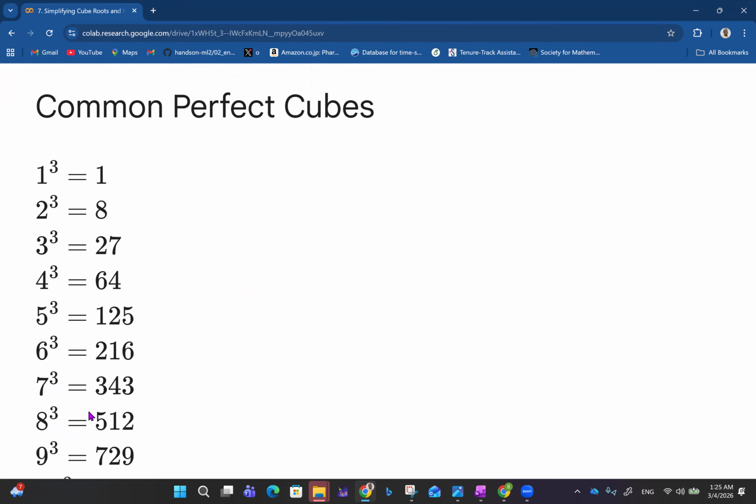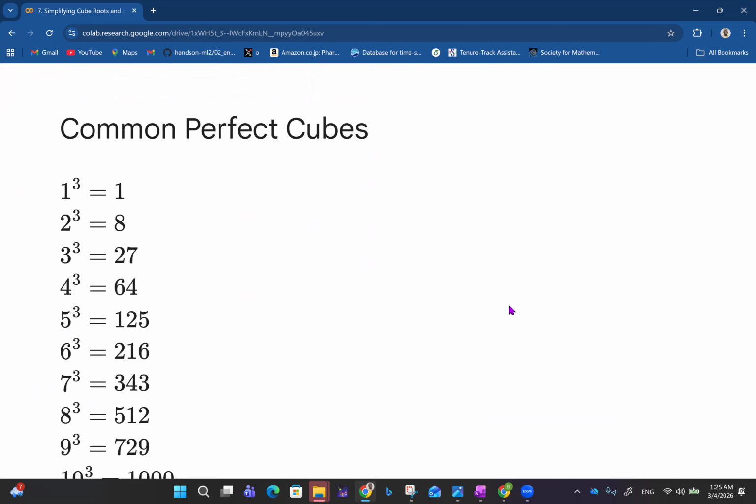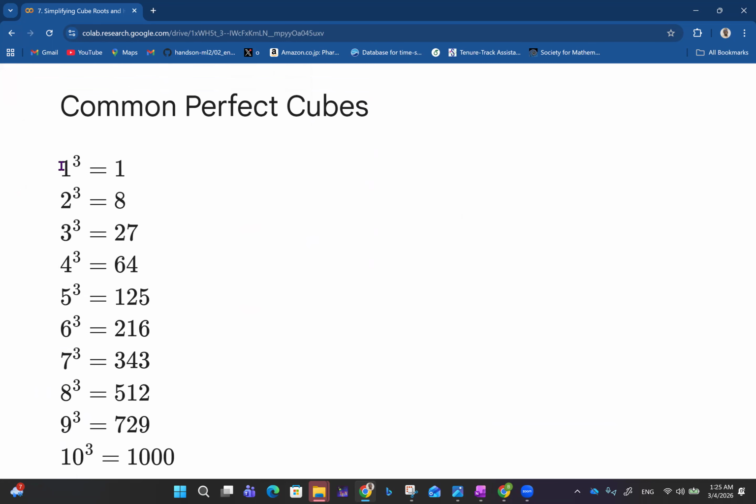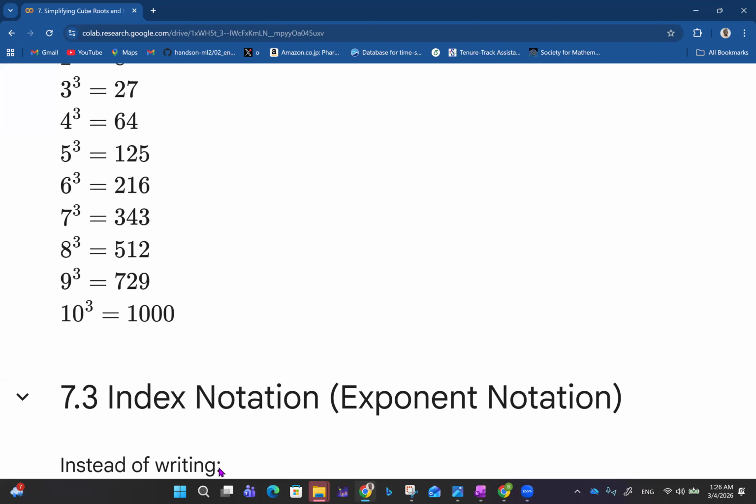Let's look at the first 10 perfect cubes, talking about natural numbers. 1 raised to power 3 is 1, 2 raised to power 3 is 8, 3 raised to power 3 is 27, 4 raised to power 3 is 64, 5 raised to power 3, that's 5 times 5 times 5, that's 125, 6 raised to power 3 is 216, 7 raised to power 3 is 343, 8 raised to power 3 is 512, 9 raised to power 3 is 729, and 10 raised to power 3 is 1000. These are common perfect cubes that we'll usually encounter.